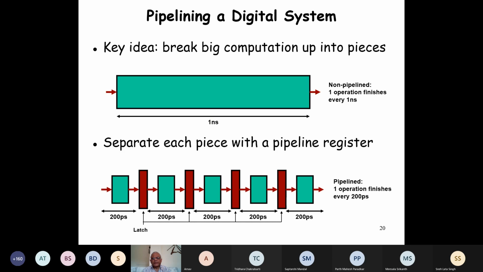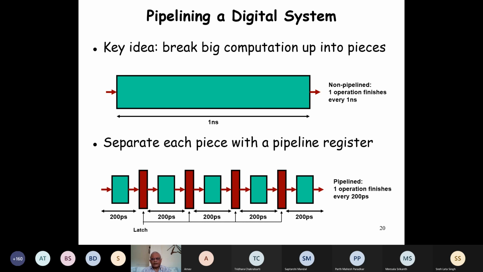Now let's look at pipelining a digital system. If we want to pipeline any digital system, what do we need to do? Let's say we had a computational unit which took 1 nanosecond. It is non-pipelined and we get the result after 1 nanosecond of computation.